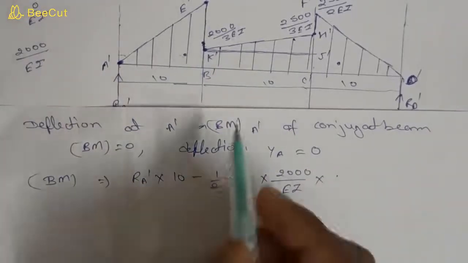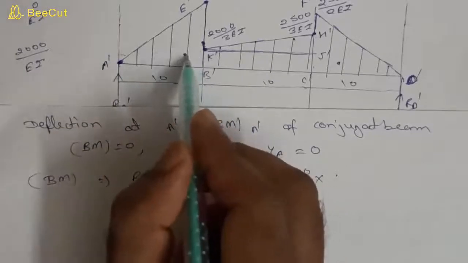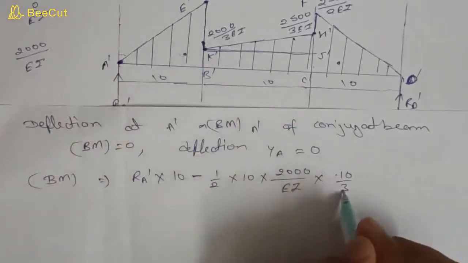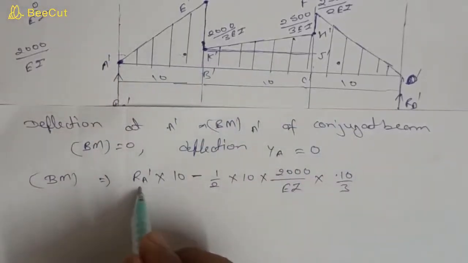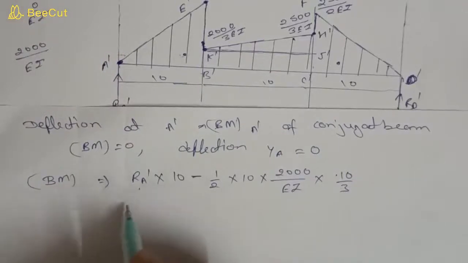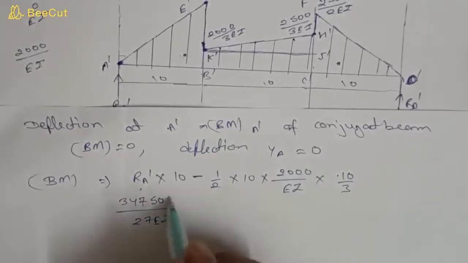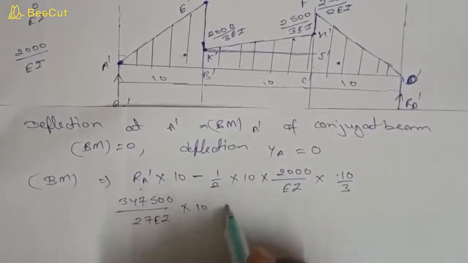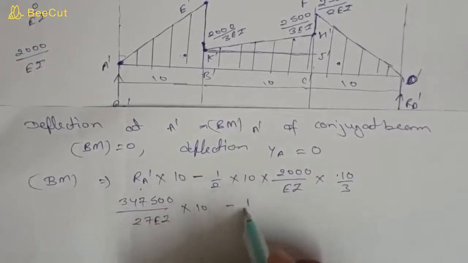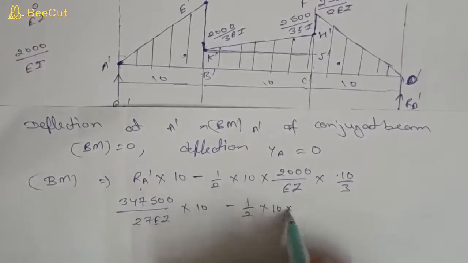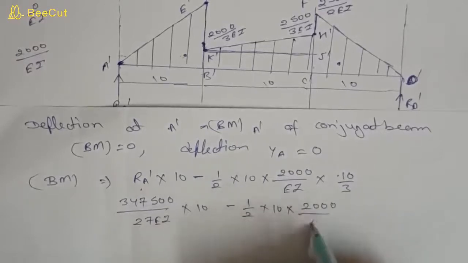This distance is 10, so it will be 10 by 3. So this value RA dash we already have, 34750 upon 27 EI into 10 minus half into 10 into 2000 upon EI into 10 by 3.